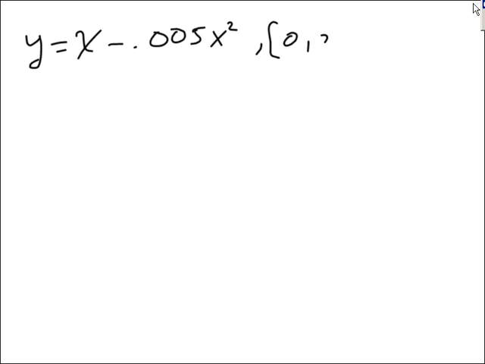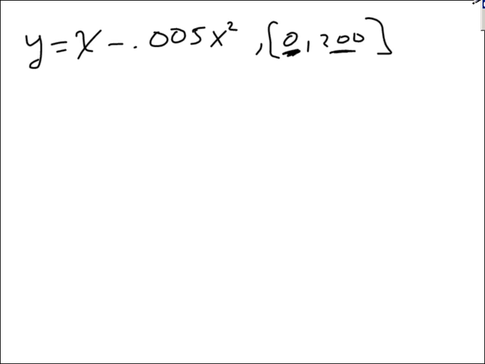Okay, so suppose we're given that y, or f of x, is equal to x minus 0.005 x squared, and the interval is going to be 0 to 200. It's understood that those are x values.